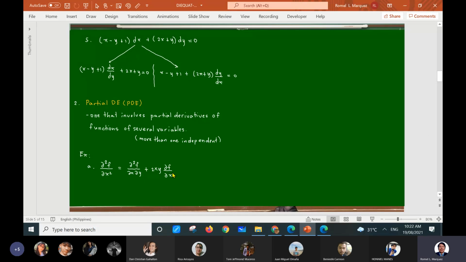If you write this in subscripted notation, this means f with double subscript xx.